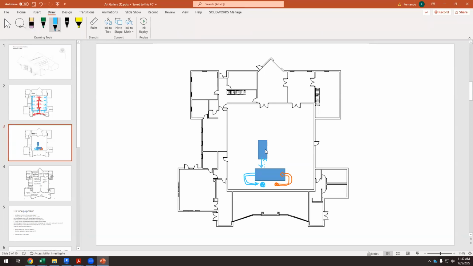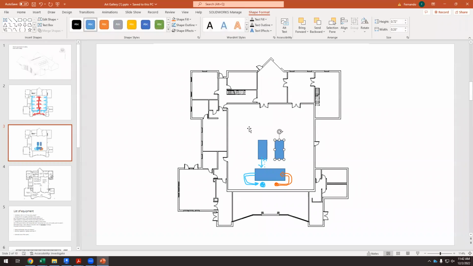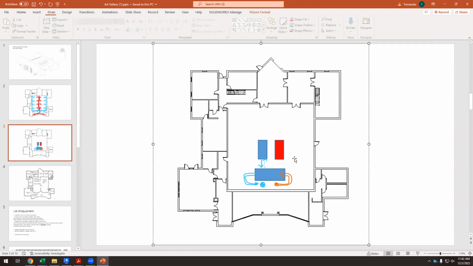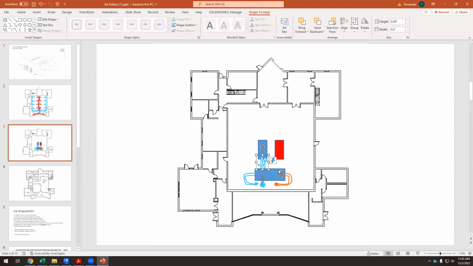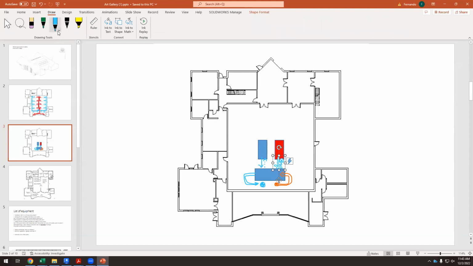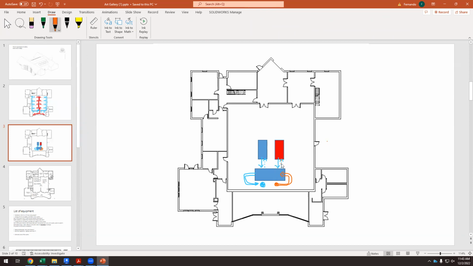And if I have another thing here, then I can have this for the heating coil.